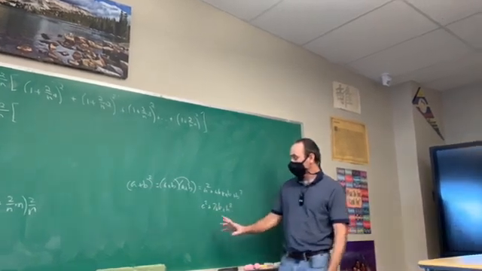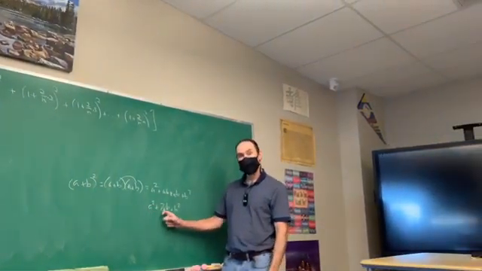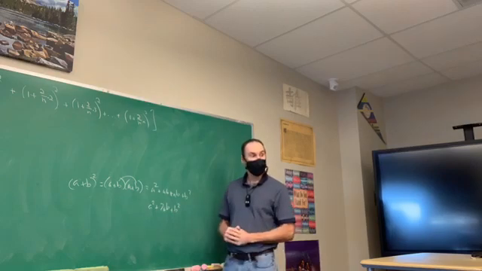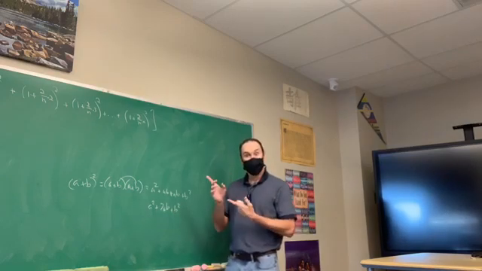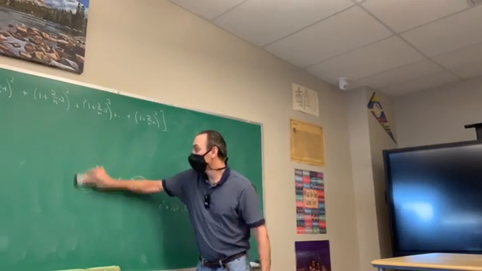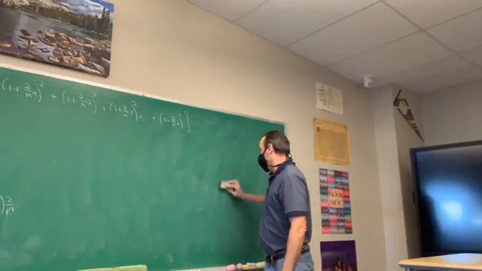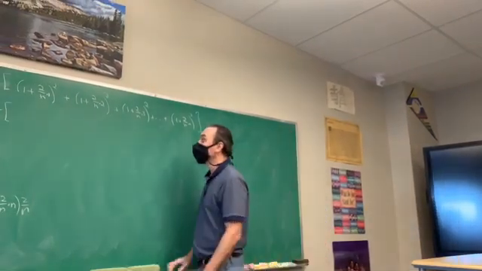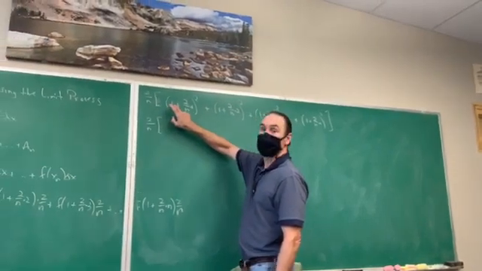So the shortcut is we get the first one squared, twice the product, plus the second one squared. We're gonna use that now. Okay, so the first one squared is this 1 squared.